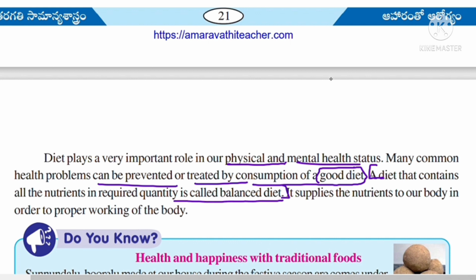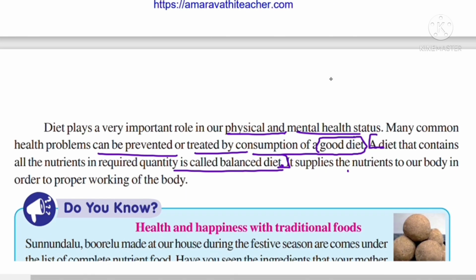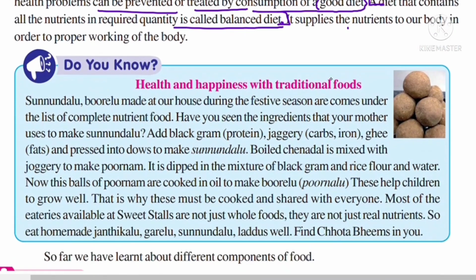It supplies the nutrients to our body for its proper working.